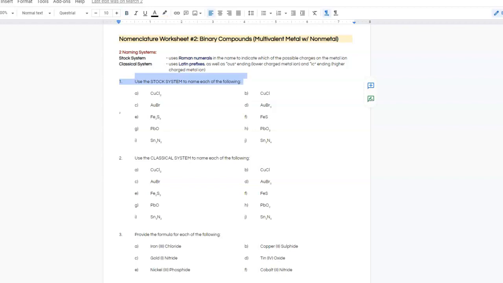The first half of the video talks about the Stock system, so you're going to work on question number 1 here, and you're also going to work on question number 3. The next half of the video will look at the classical system, and we haven't learned those rules yet, so it's best for you to reinforce the existing concepts related to the Stock system before moving on.